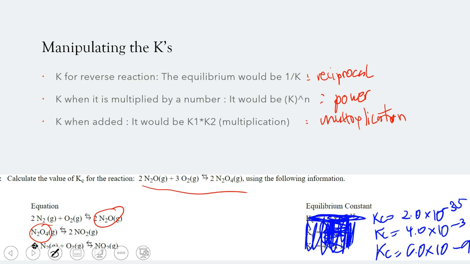So far I don't have that yet, but we're going to see how we can do that. And then we have 2 N2O4, so we're just going to multiply by 2, and this one turns into a 4.